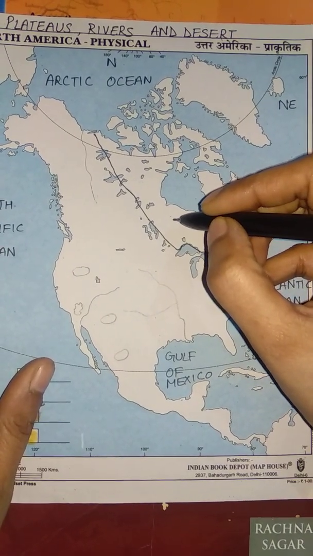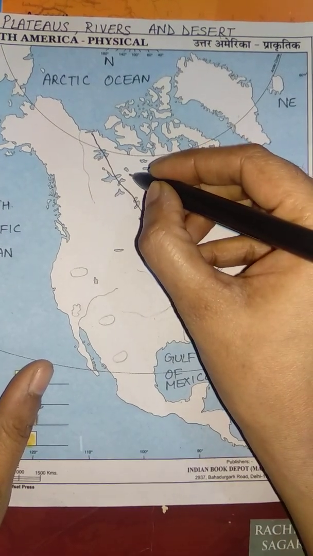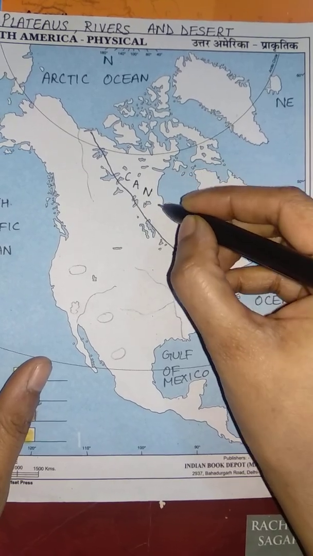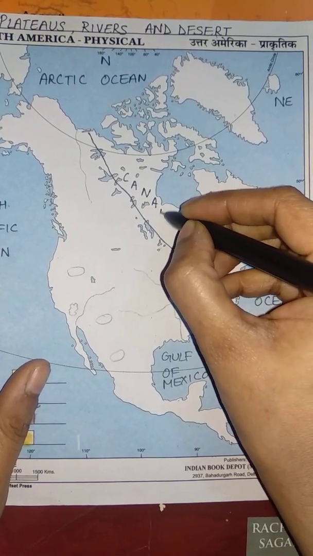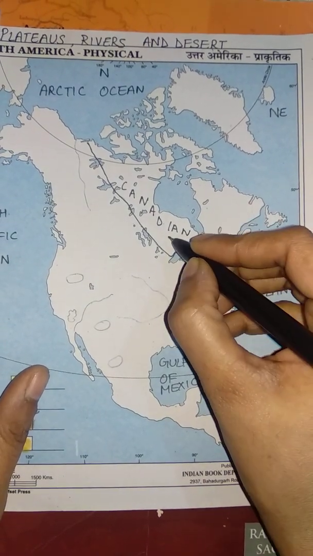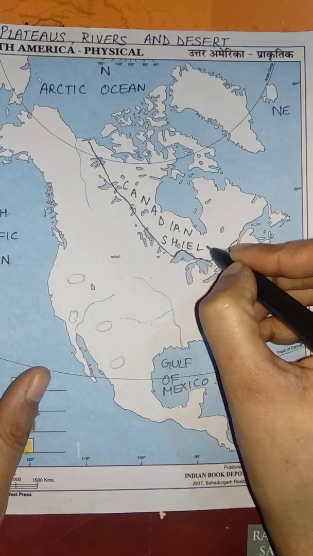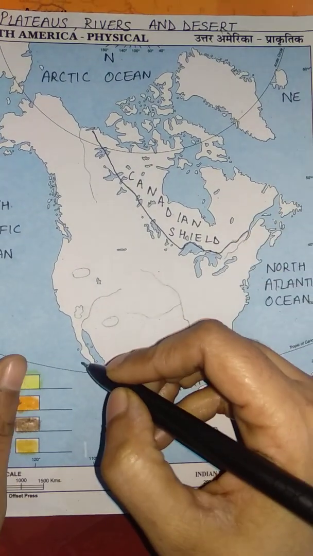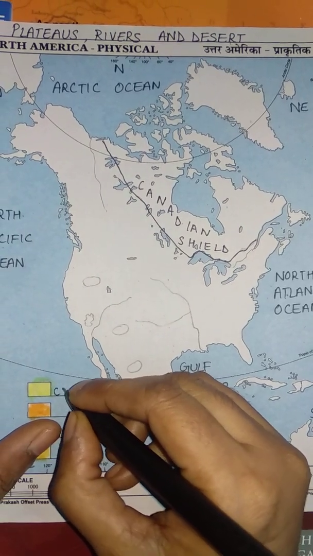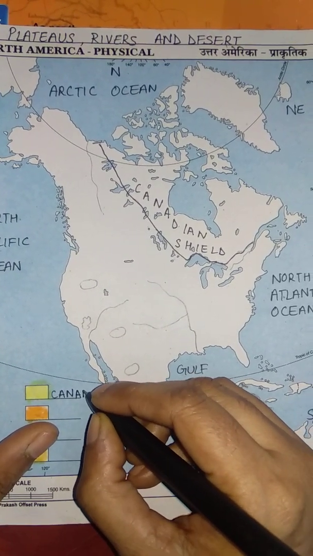It is also covered with a thick sheet of snow, and you can write the name of the shield in between the area. And in the index, you give a color and write the name of the feature, Canadian Shield.